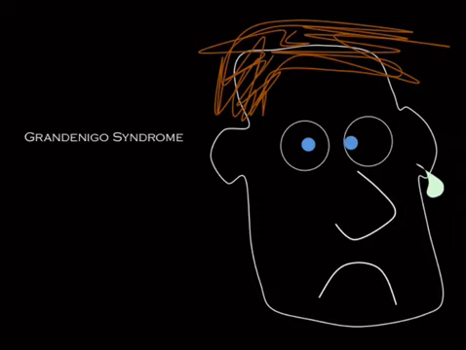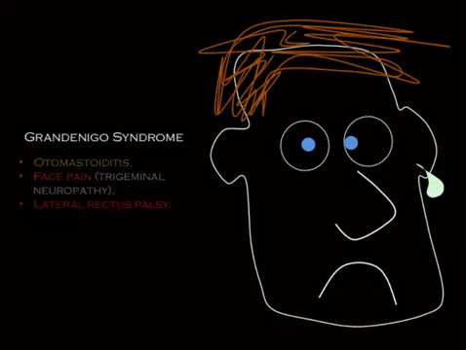So they probably could show you an actual picture of a person, or they could tell you that the person has a lateral rectus palsy. So you have a classic triad: otomastoiditis, face pain, usually trigeminal-like neuropathy, and lateral rectus palsy. So that's Gradenigo's syndrome.